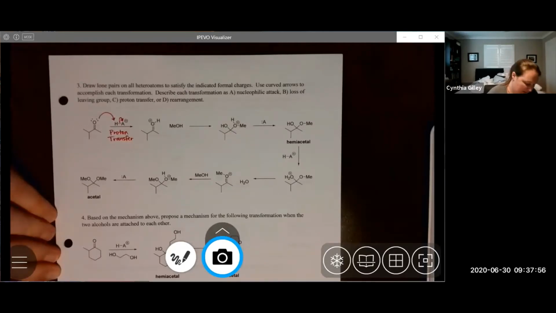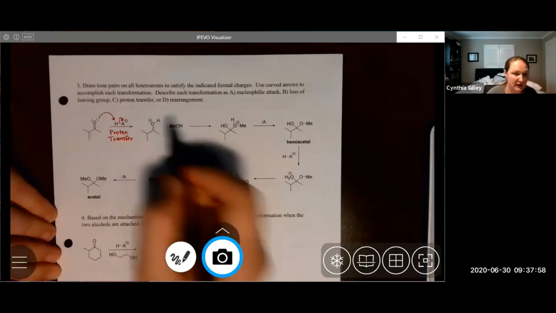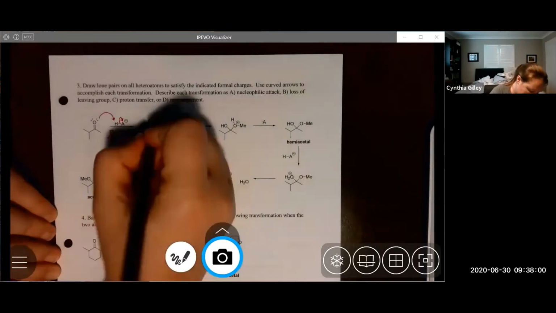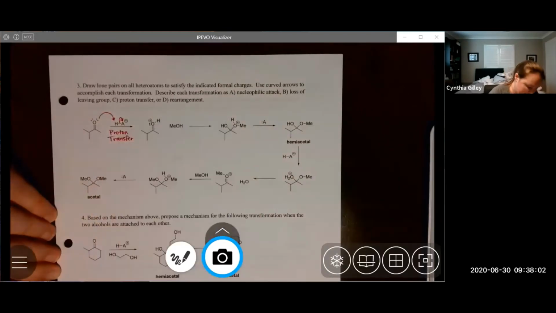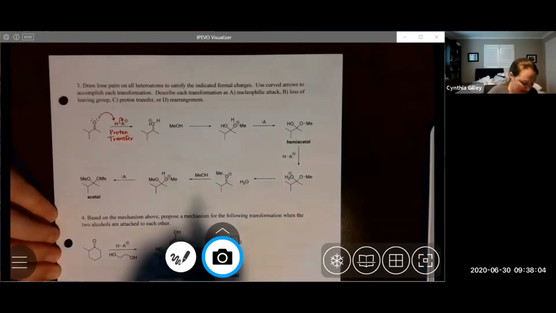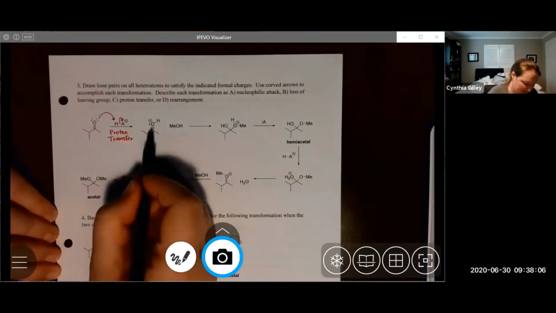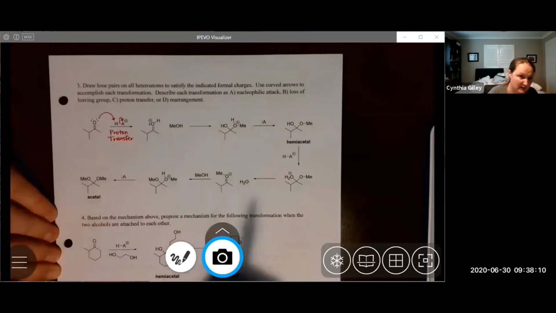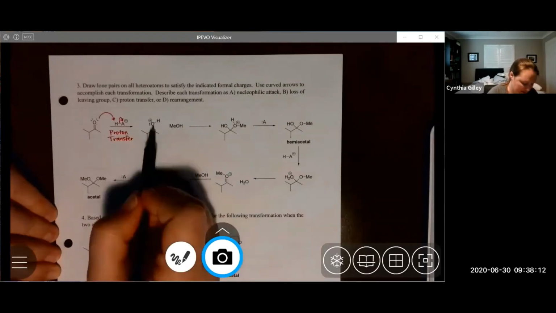Now we have this protonated carbonyl. Now the oxygen has a full positive charge, and it is resonance stabilized, so there's partial positive charge on the carbon as well. Really, the oxygen and the carbon share the positive charge.